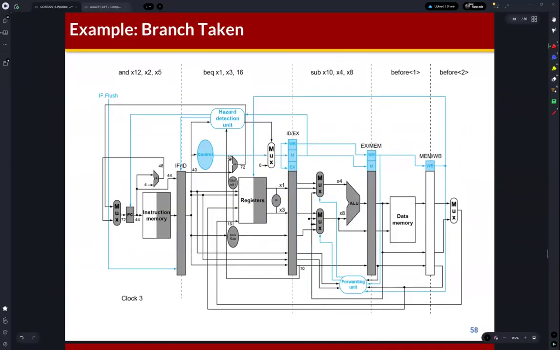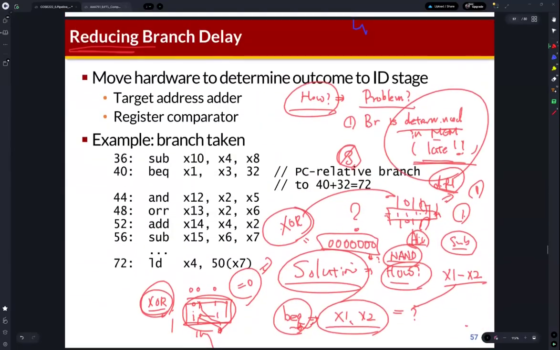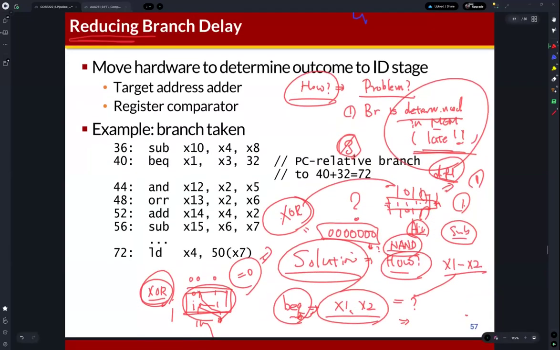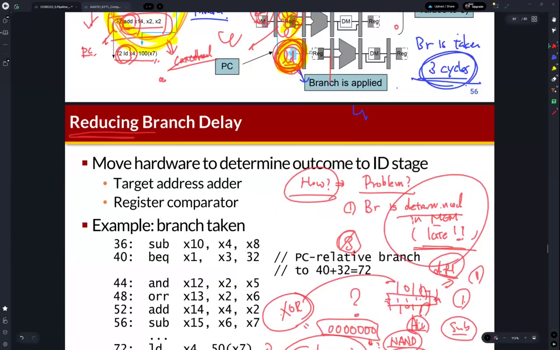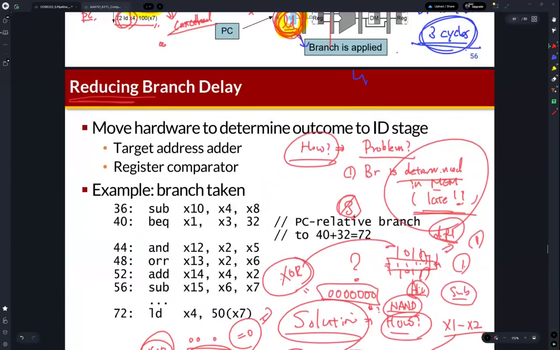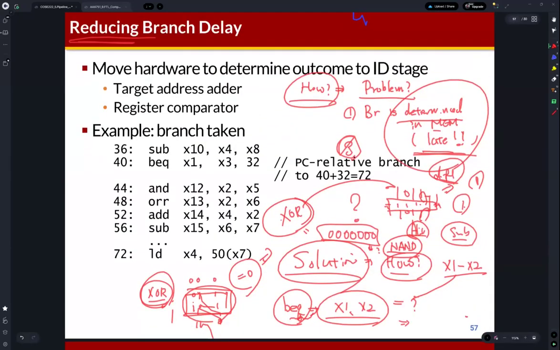So we can implement very simple equality check logic, and this logic is very fast, right? So what was the problem? The branch is determined late, but we can check equality between two numbers very fast.